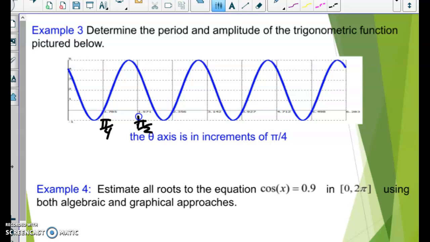If I go from here to here, that would be one period. You see this value being 3.142857. So we know that from pi over 2 to pi is one period, so the period of this thing is going to be pi over 2. It could also be going from this value to this value. It doesn't matter where I went. I went from the numbers that I knew.